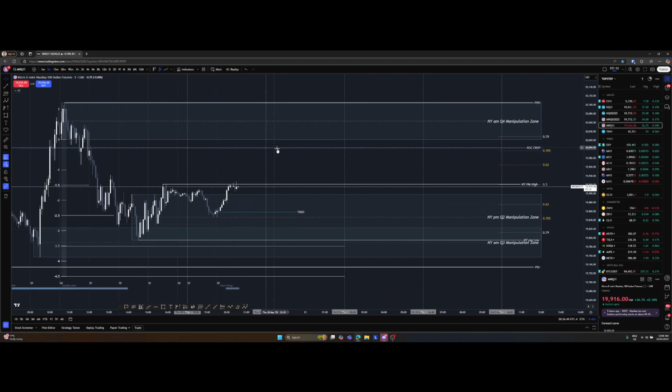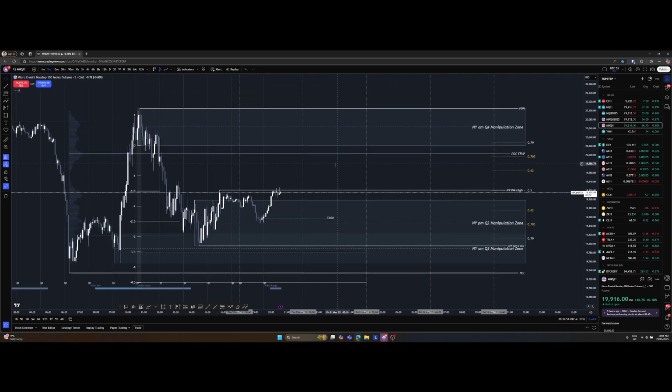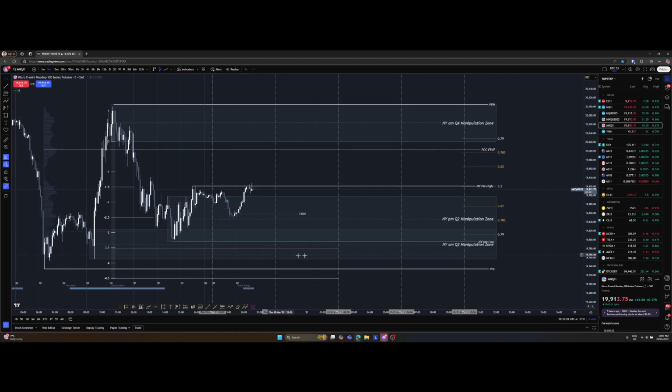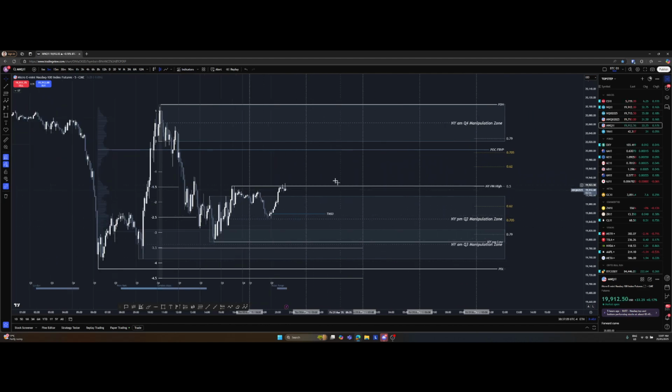So if we are looking for shorts today, it needs to be up around this zone. Our OTE, we've got our POC from our fixed range volume profile up here. And if we're looking for longs, we want to be around these areas here in these lower zones.